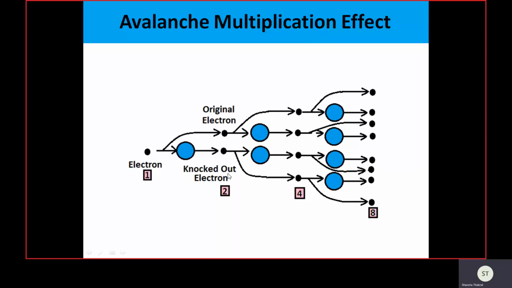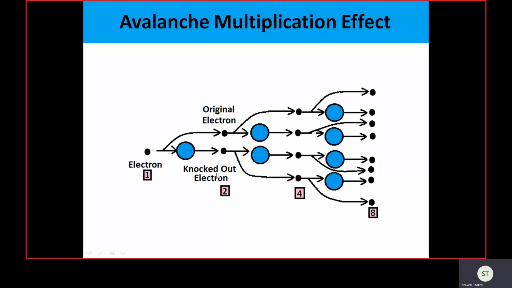Now the two electrons will strike two more atoms and knock out two more electrons. So in total we now have four electrons, two original and two knocked out. These four electrons strike four atoms and knock out four further electrons, so the total becomes 8.